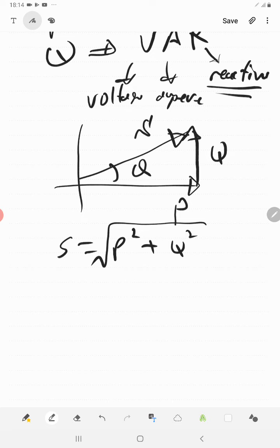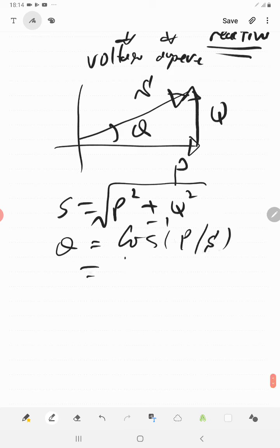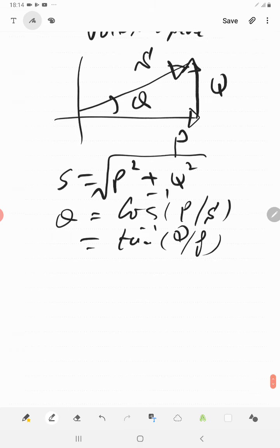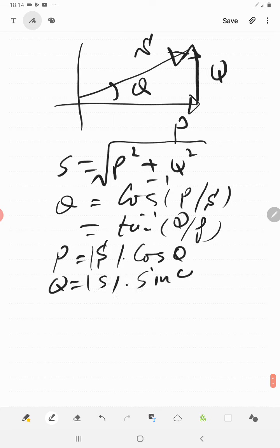And theta equals cosine inverse of P over S, which is equal to tan inverse of Q over P. It's the same, because P equals absolute S cosine theta, while Q equals absolute S sine theta.